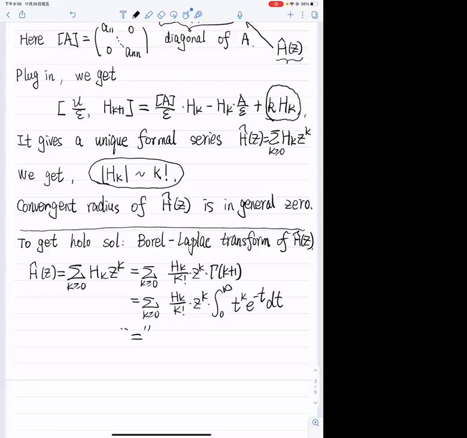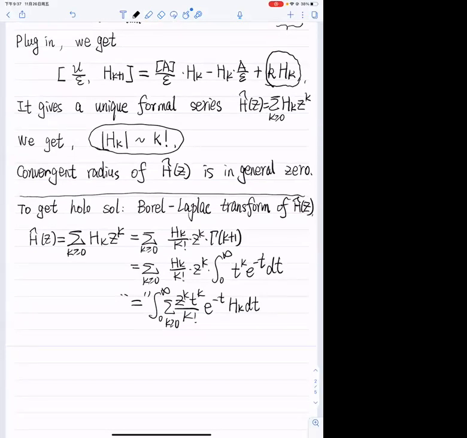So this is where the resummation procedure happens. Here I switch taking the sum and the integral. What we get is an integration of the following function times e to the minus t, hk, dt.